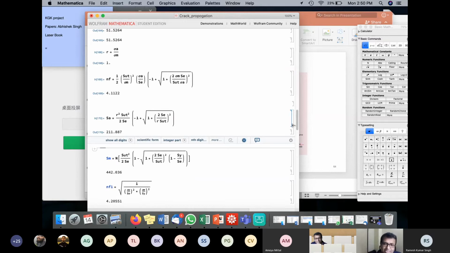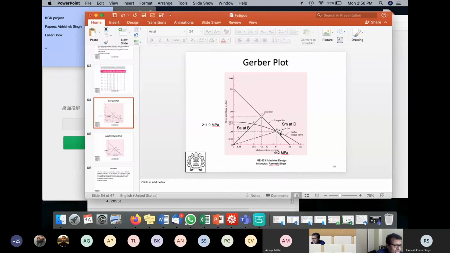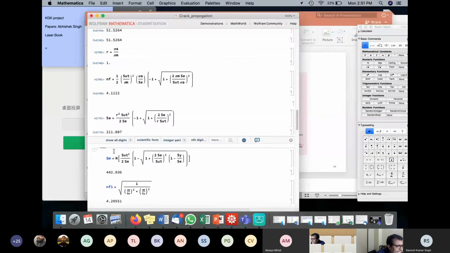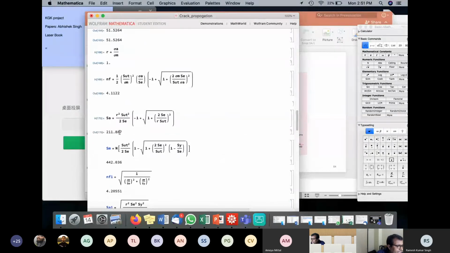Now from these numbers, can we find out whether 4.11 is correct? So basically, I'm saying that the factor of safety is nothing but OB divided by OA. Right? So OB is 211.9.